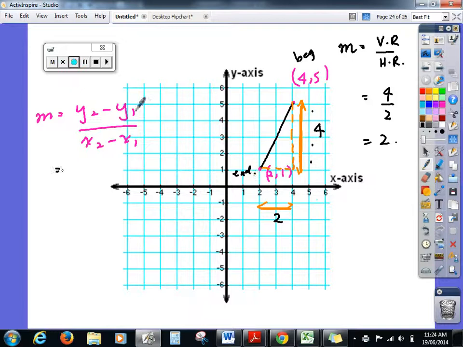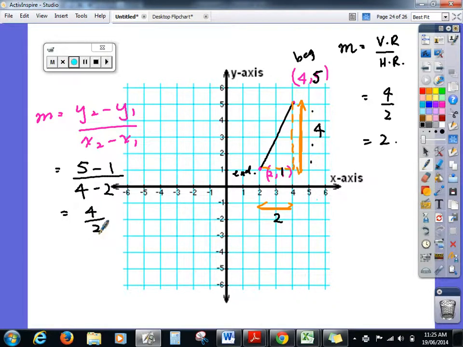So we start with the y's first, so it's always vertical rise. The y's are rise. So we say 5, there's the 5 up here, minus 1. So it's 5 minus 1 on the top, and the bottom is 4 minus 2. And 5 minus 1 is 4 over 2.